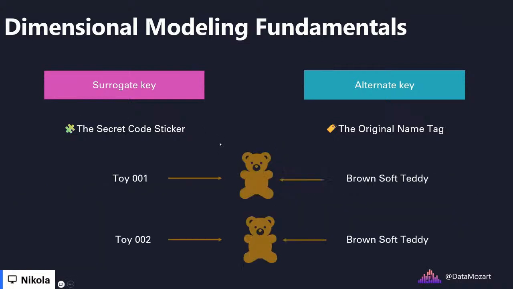So if I show you something like this, I have two brown soft teddy bears. If we talk about the alternate key, they are both brown soft teddy bears. But from the perspective of the database, and from machine-readable and uniquely identifiable records, we will put this secret code sticker on each of these teddy bears. One will be toy 001, another one will be toy 002. So this is the difference between surrogate key and alternate key in dimensional models.